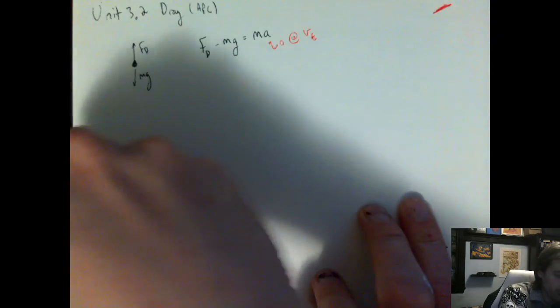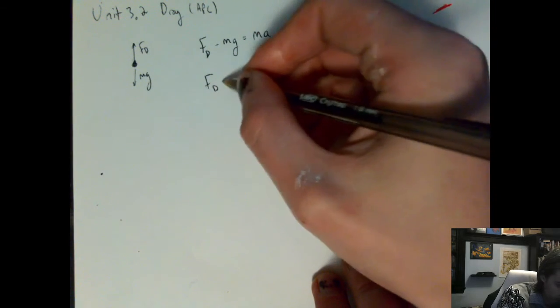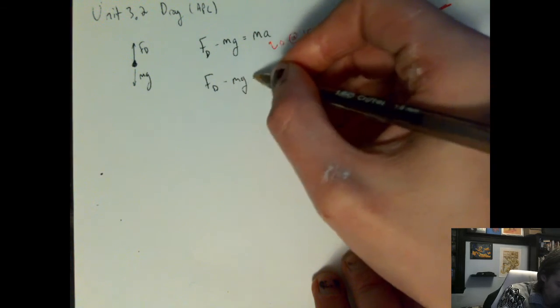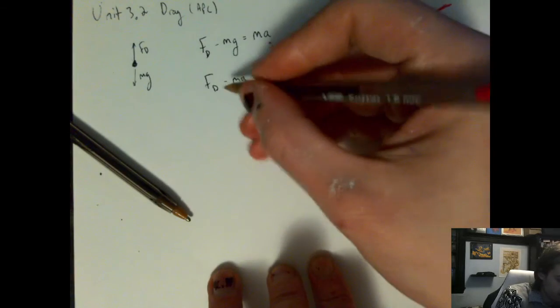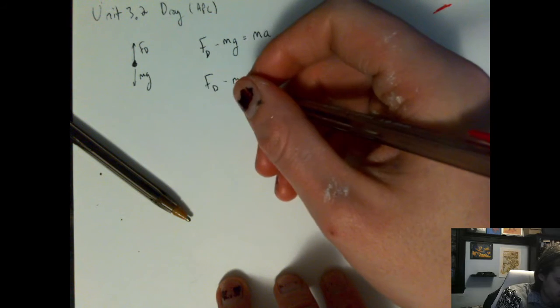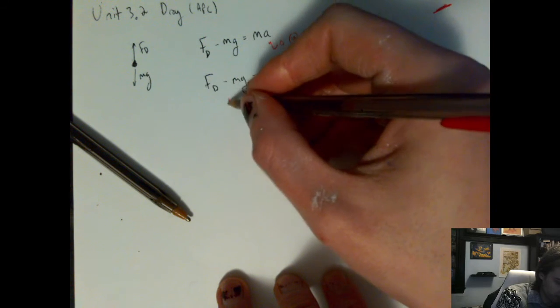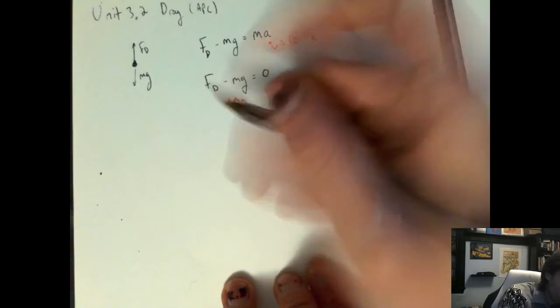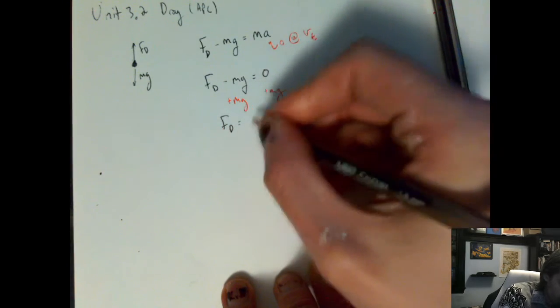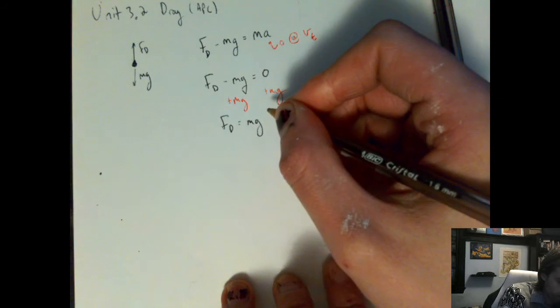This acceleration will go away. And so again, only at terminal velocity, you'll get that your drag force minus gravity needs to equal 0. And what this means is that at terminal velocity, your drag and your gravity will balance with each other.